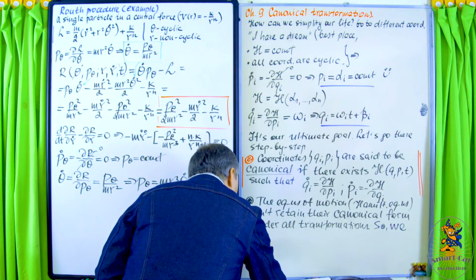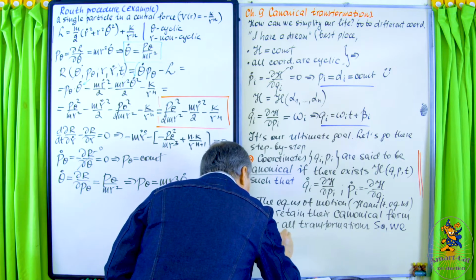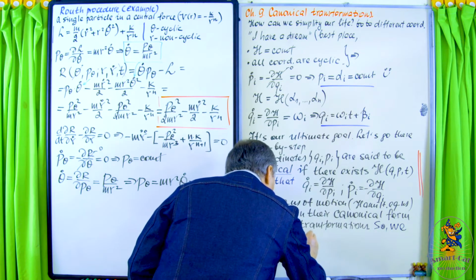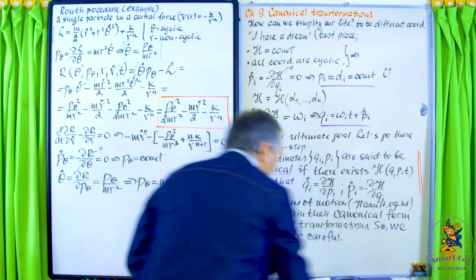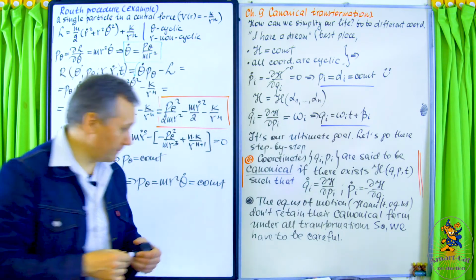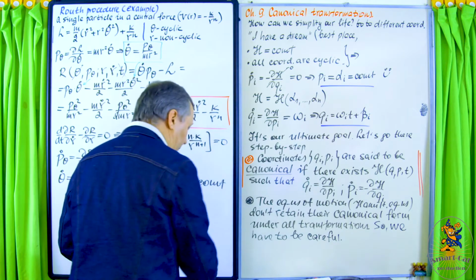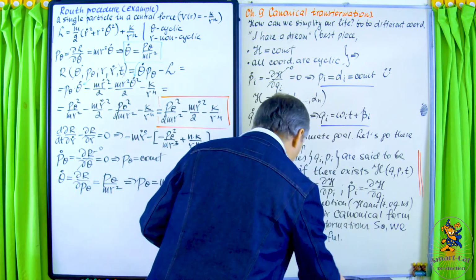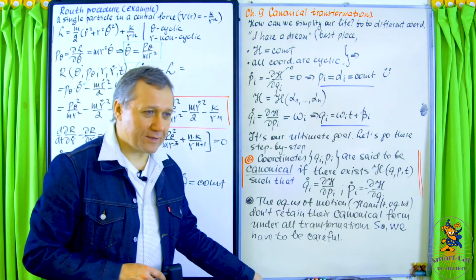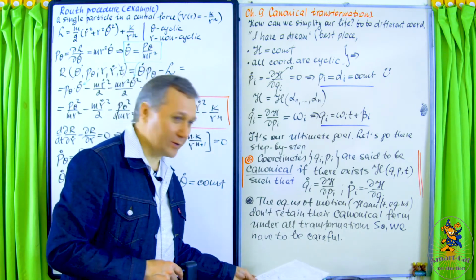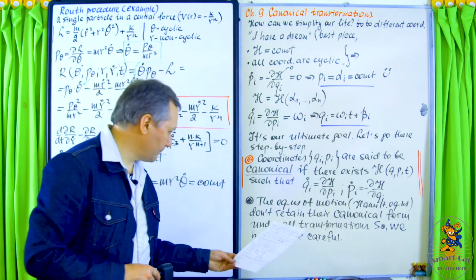But I think it's still visible, right? I don't know what's wrong with these new markers. It takes like 5 to 10 minutes before they start writing nicely and smoothly.